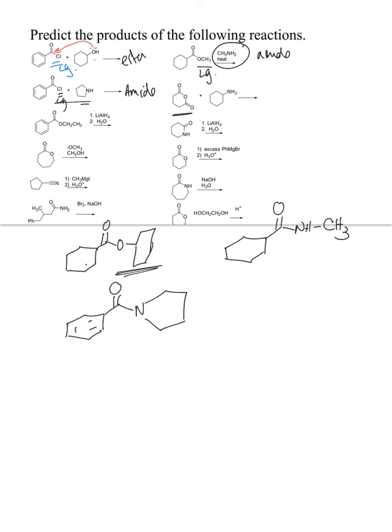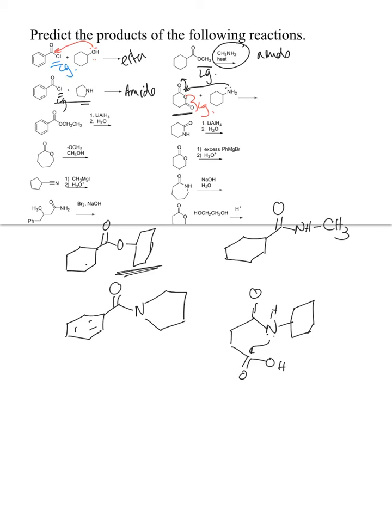This one is an acid anhydride. So this is going to come in and open up, and this is going to be your leaving group. What's going to be interesting about that one, though, is that it's still attached.